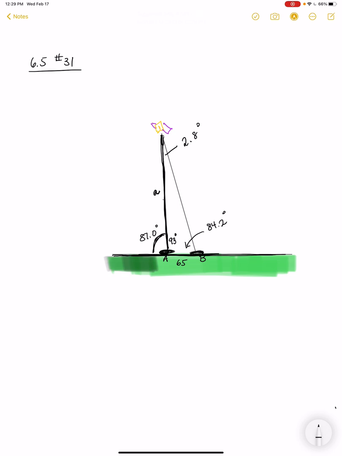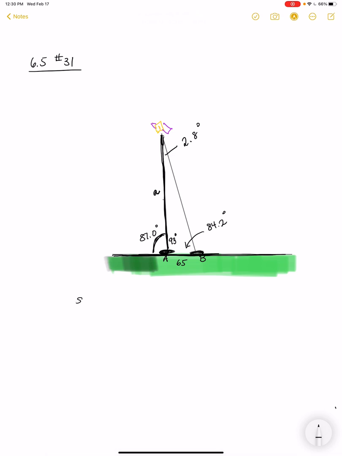Now I am not dealing with a right triangle, so I'm going to use the information they've given me and determine whether I'm going to use the law of sines or the law of cosines. Notice that I've got two angles and a side, and I'm looking for that side. So we are going to use the law of sines. I'm going to set up my proportion here.